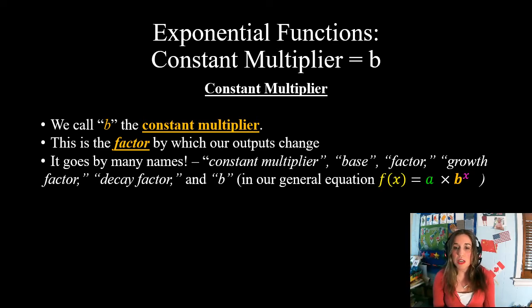And in our general equation, f of x equals a times b to the x, our constant multiplier is the b. You'll hear me use b and constant multiplier probably the most, but what you call it depends on context. All of those names mean we are referring to the constant multiplier. That's what we're talking about.